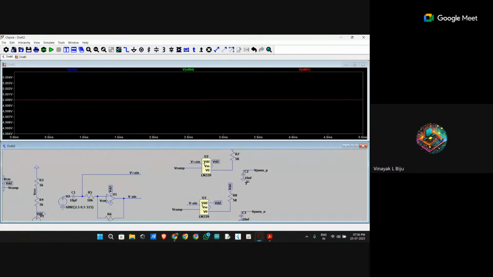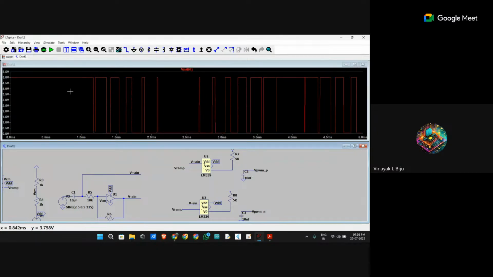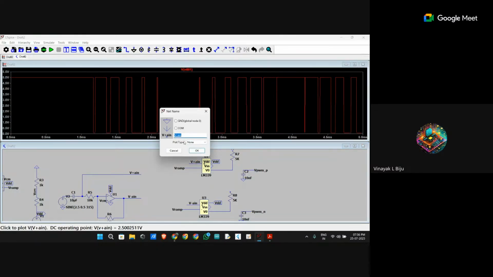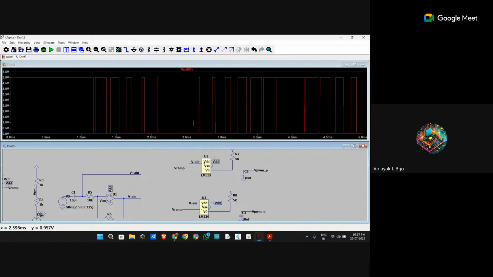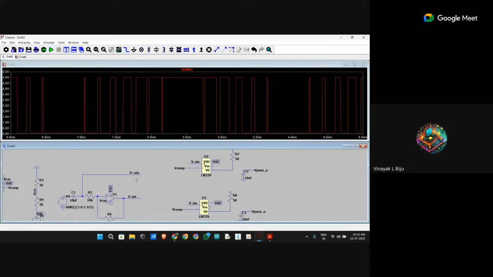But if I remove the first VDD and run it, I am getting the correct output from the first comparator for both V plus A and V minus A. Right.